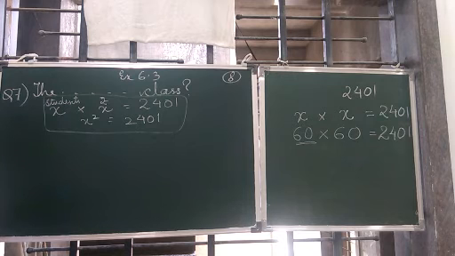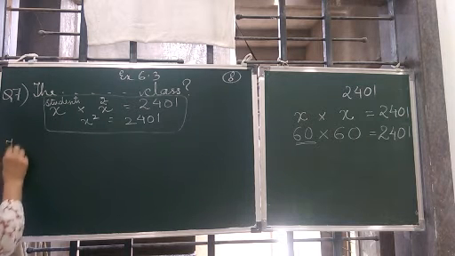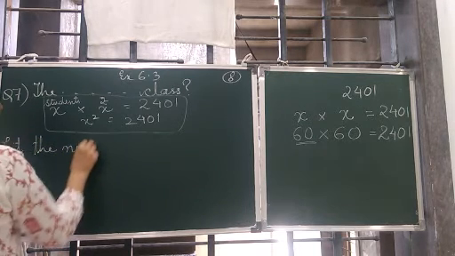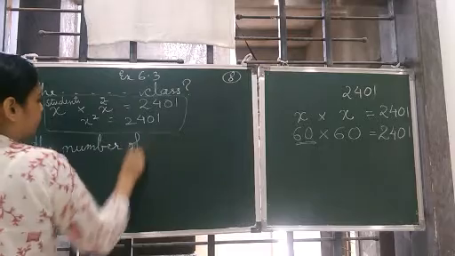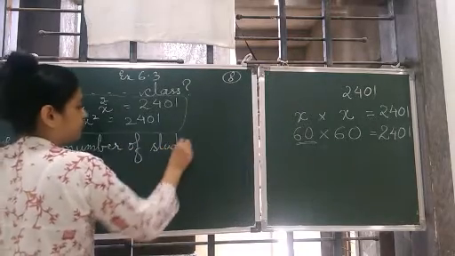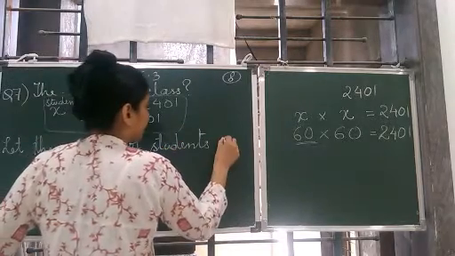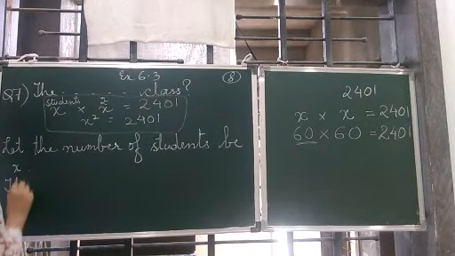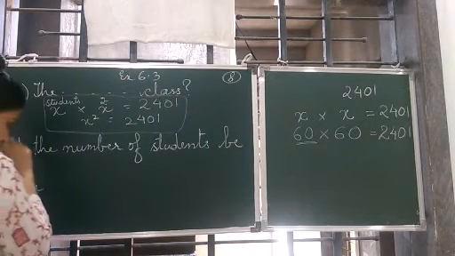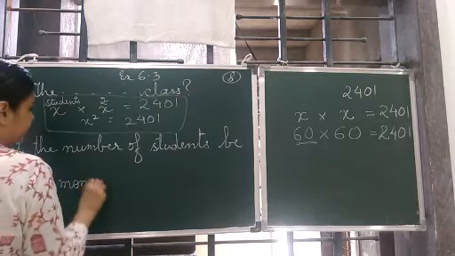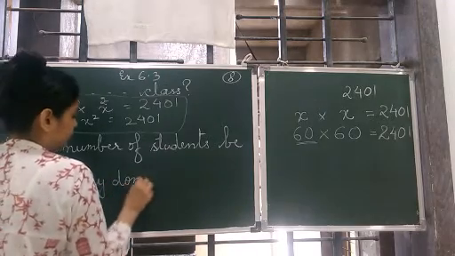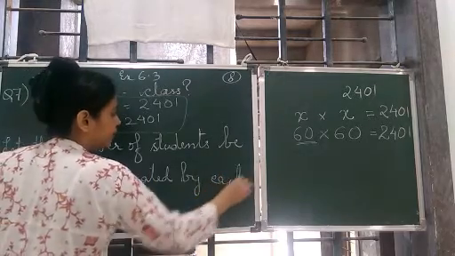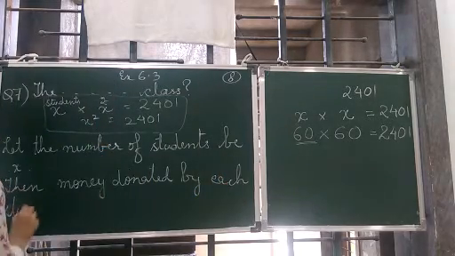What to write? Let the number of students be x. Then money donated by each student also x.